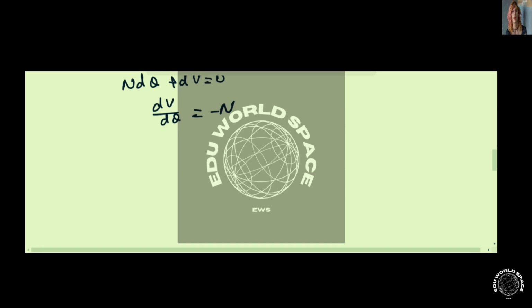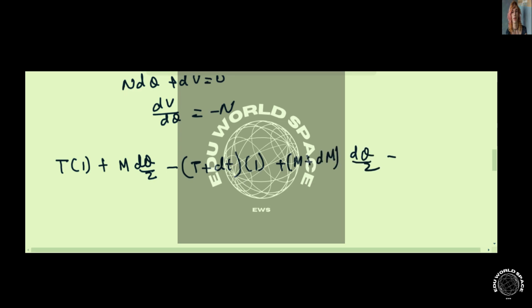Now substitute dθ/2 for sin(dθ/2) and 1 for cos(dθ/2) in equation 3. So this becomes T·1 + M dθ/2 − (T + dT)·1 + (M + dM) dθ/2 = 0.